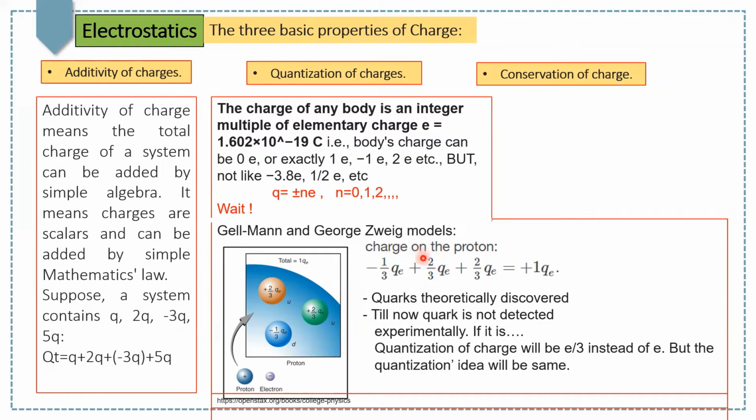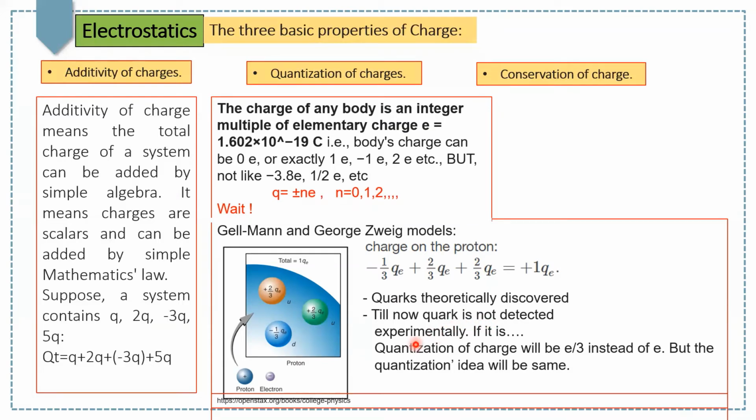According to the quark model, the composition of a proton is up, up, and down, carrying charges plus 2 over 3 e, plus 2 over 3 e, and minus 1 over 3 e, where plus 2 over 3 e is the charge on the up quark and minus 1 over 3 e is the charge on the down quark. Please note that till now, the existence of quarks is not detected experimentally, but their existence is proved indirectly.